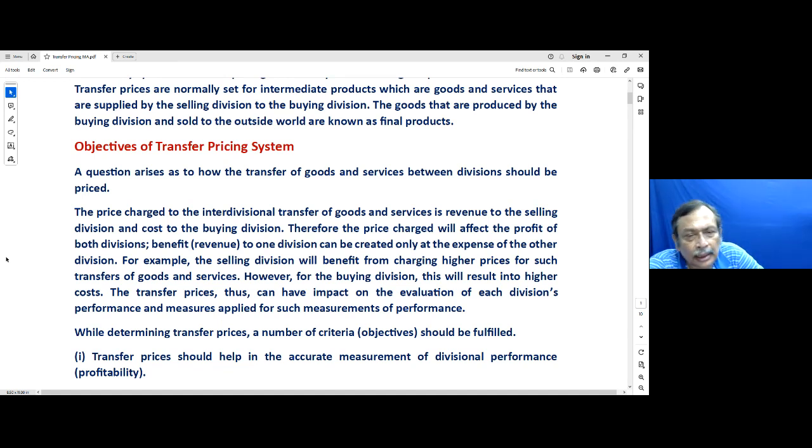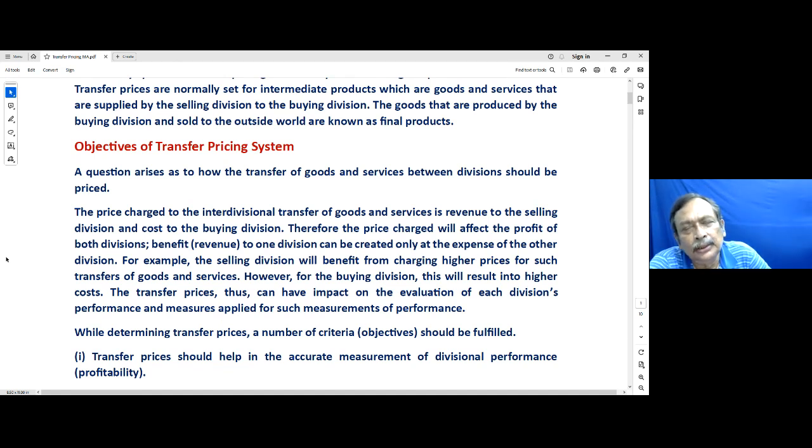For example, the selling division will benefit from charging higher prices for such transfers of goods and services. However, for the buying division, this will result in higher cost. The transfer prices thus can have an impact on the evaluation of each division's performance and the measures applied for such measurement of performance.